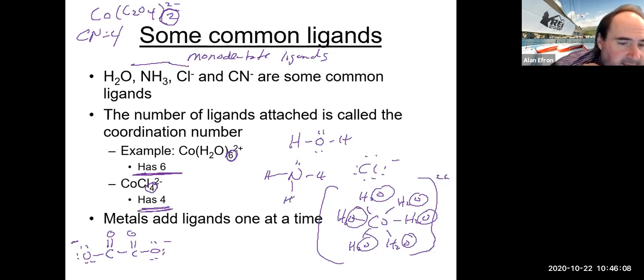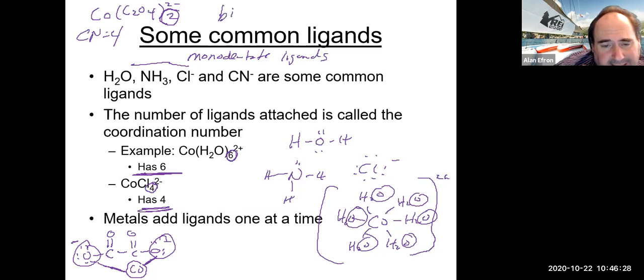And when you have something like oxalate and it attaches to our cobalt, I'll just put a circle. This oxygen here can attach, and this oxygen here can actually attach to the cobalt. So for every one oxalate, you actually get two attachments, and oxalate is what is known as being bidentate, which means it could attach in two places per molecule.